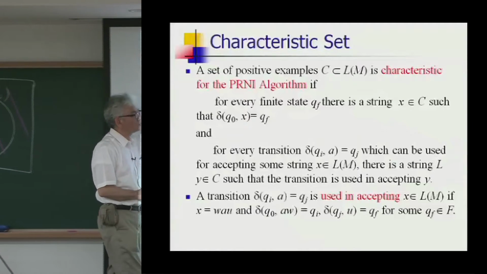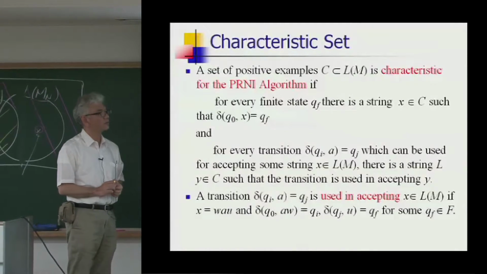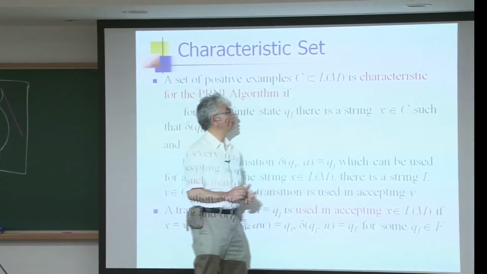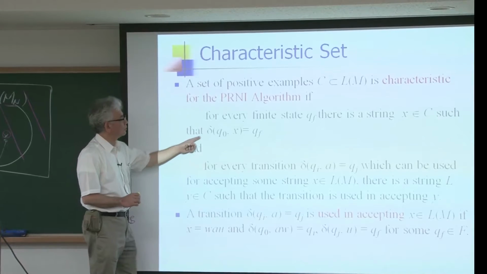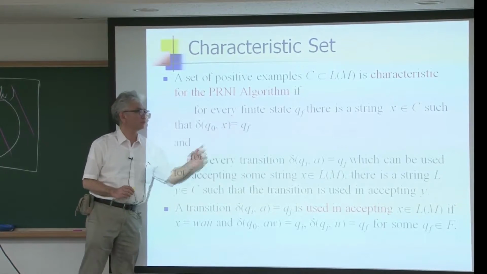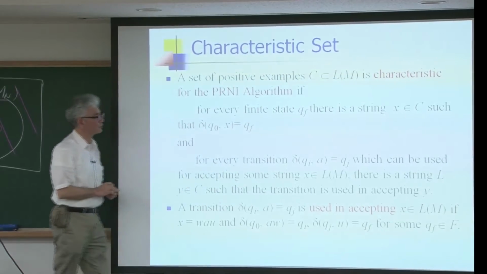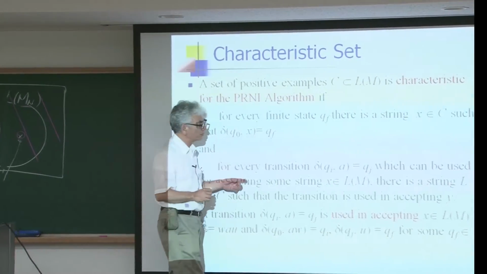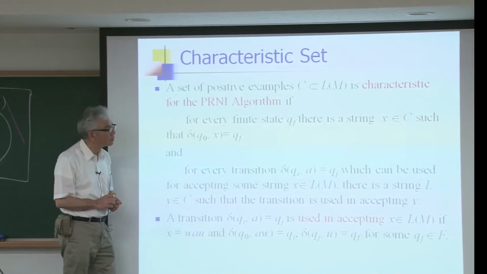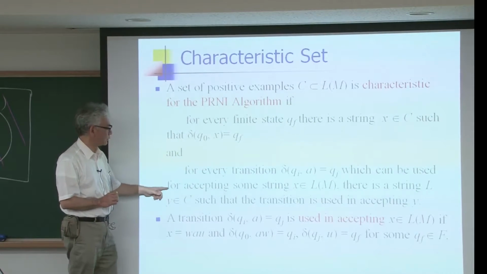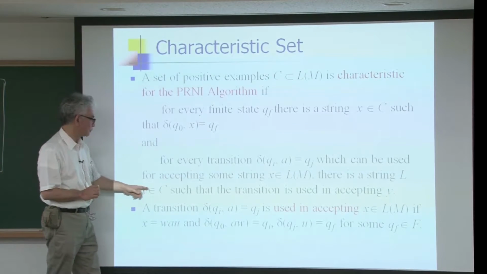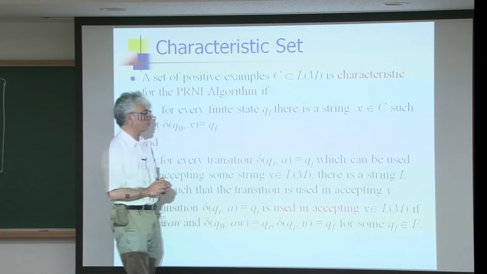A set of positive examples is characteristic for the pruning algorithm if for every final state QF there is a string X such that X reaches the final state, and for every transition delta of A which can be used for accepting some string X, there is a string Y such that the transition is used in accepting Y.